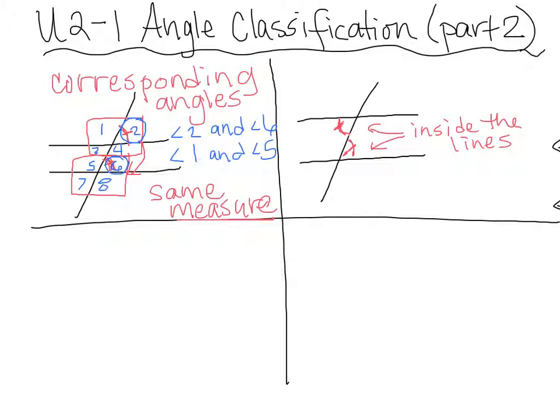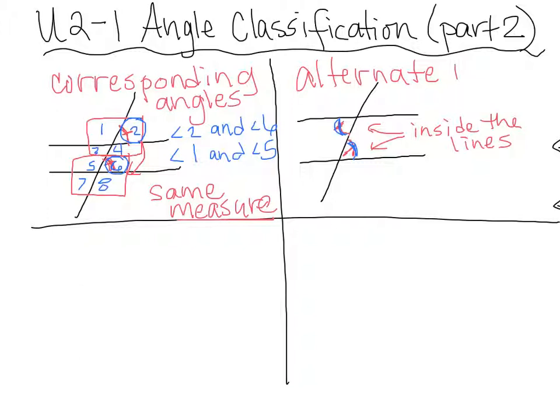Okay, so you have one on the left and one on the right. So the name for this pair of angles is alternate interior angles. Alternate means they're on alternating sides of the transversal, okay, on opposite sides.